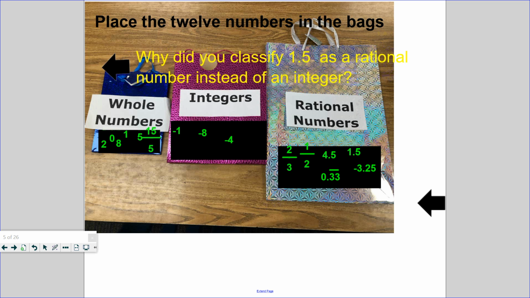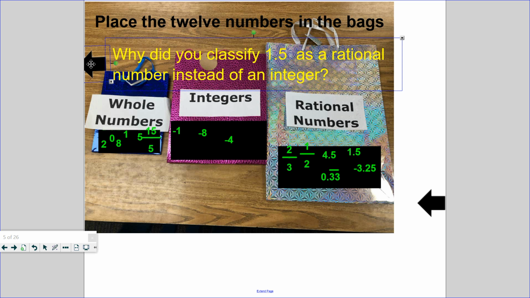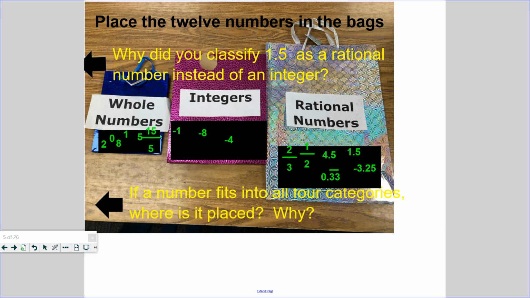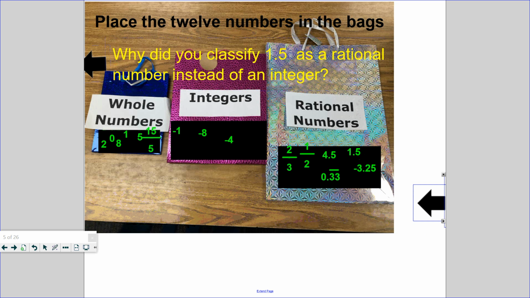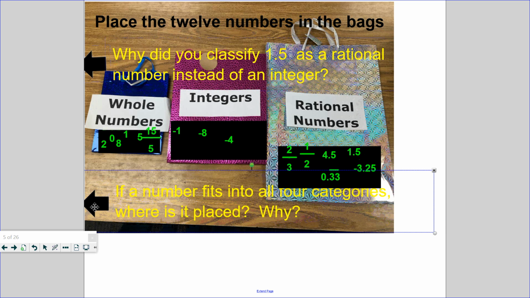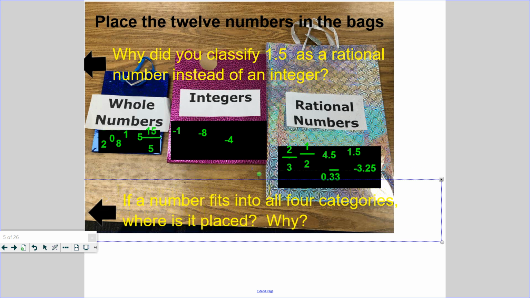So our question is, why did you classify 1 and 5/10 as a rational number instead of an integer? Because integers are whole numbers and their opposites, and this can be written as a fraction. And if a number fits into all three categories, where is it placed?